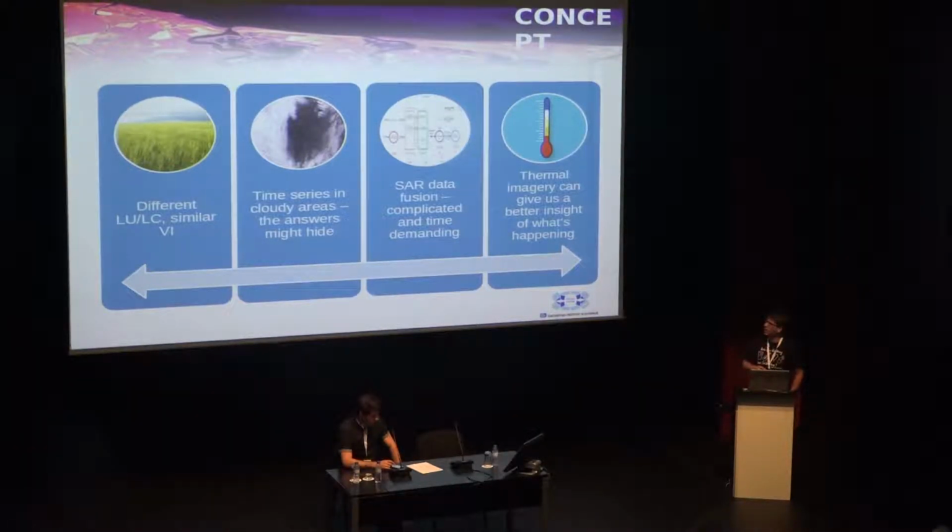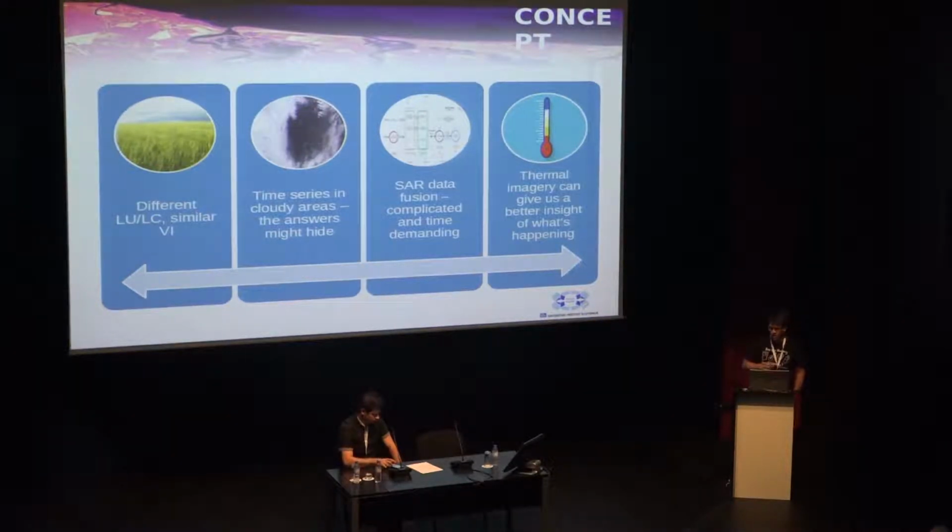Those can be quite easily seen by combining other data. For example, a great approach is to combine radar data, which is cloud penetrating, but its processing is quite painful and time demanding, and sometimes we can just skip some steps and use other data to resolve our problems.